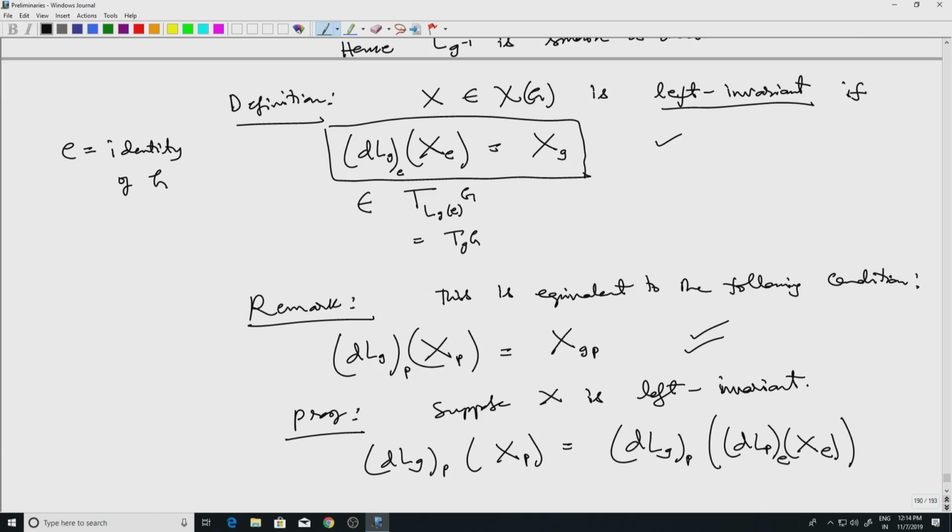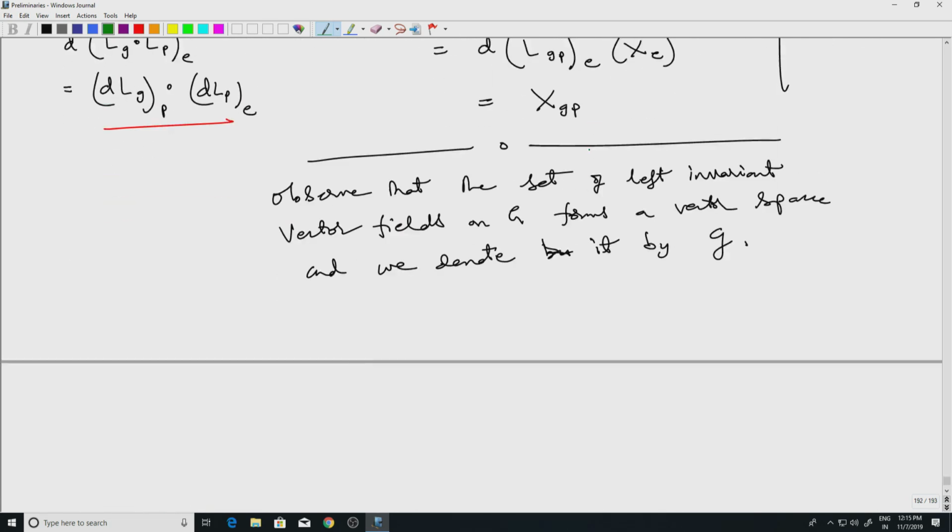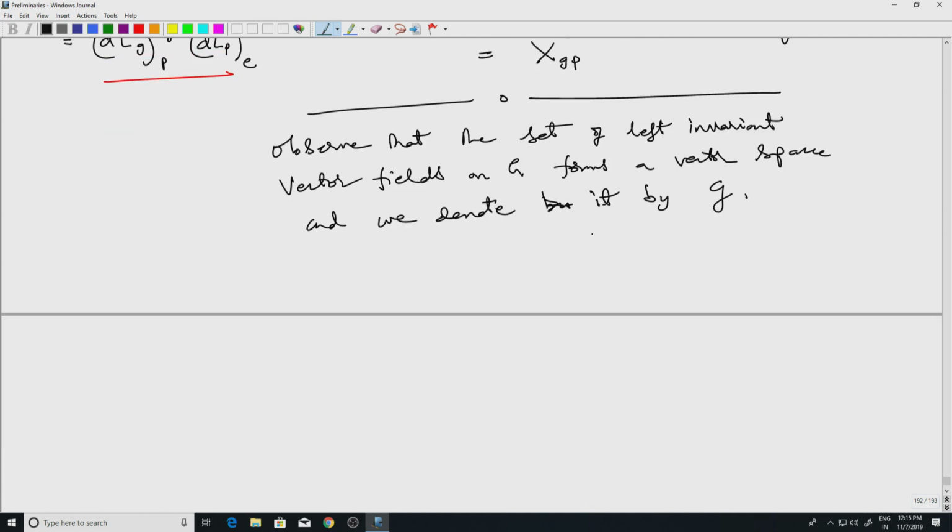So if I start with two left invariant vector fields and add them up, it's immediately clear that this equation will continue to hold for the sum. Similarly, if I multiply a left invariant vector field by a fixed real number, the new vector field will also satisfy this. So we get a vector space.